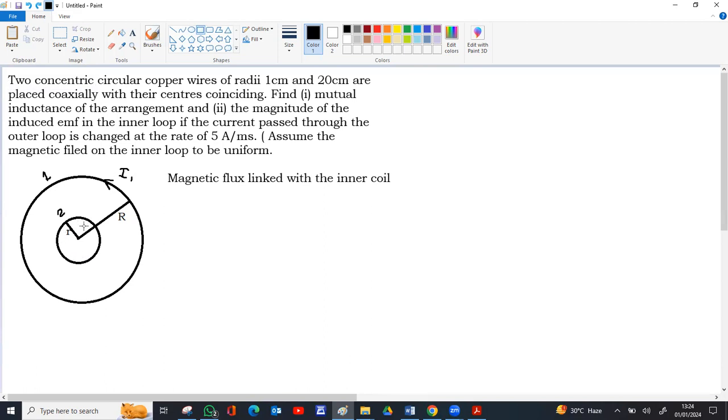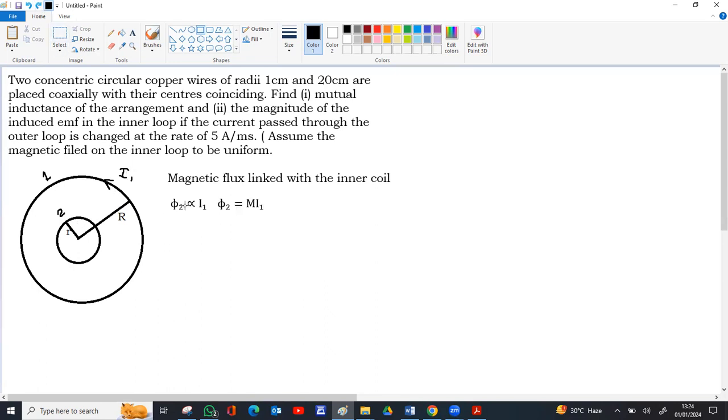The second coil doesn't have its own current, so no magnetic field of its own, no flux of its own. The second coil will have a magnetic flux only due to the magnetic field produced by the first coil. It means phi 2, the flux in coil 2, is proportional to the current in coil 1.